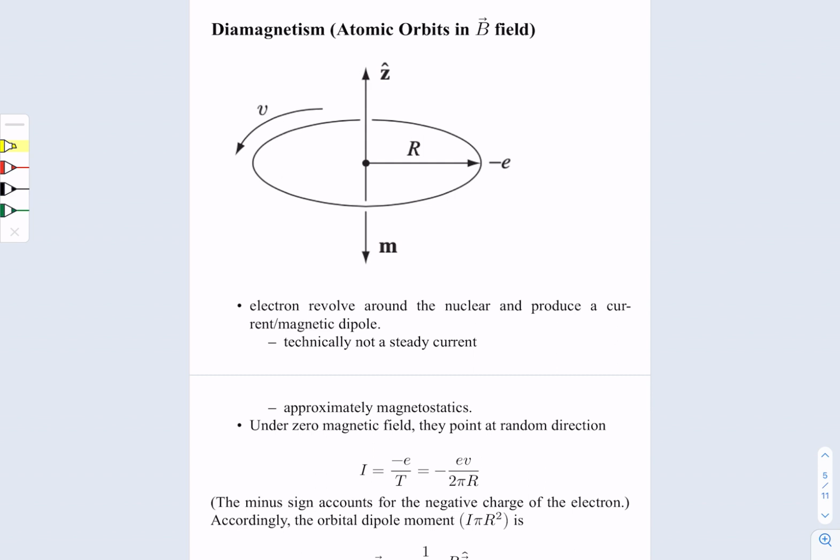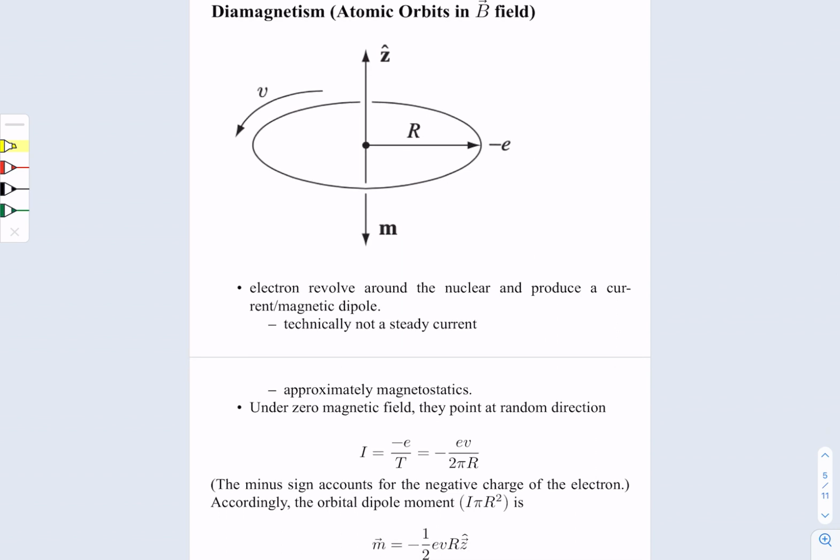So now, what else can happen to an orbital inside the magnetic field? To know what this electron orbital will do under a magnetic field, we start from a zero magnetic field and then pump up the magnetic field to see what happens.